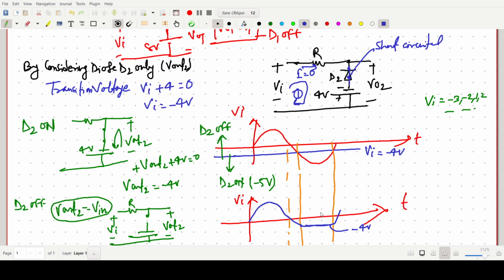Now in the earlier case, I drew the other output, this one due to V output 1. What should the output response be due to V output 1? I have already plotted it earlier.